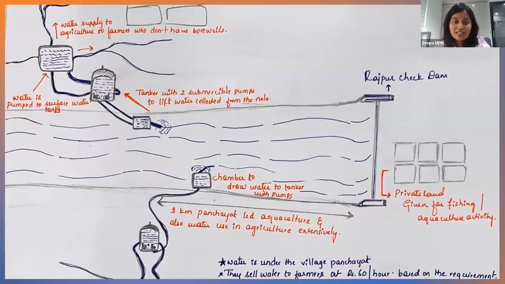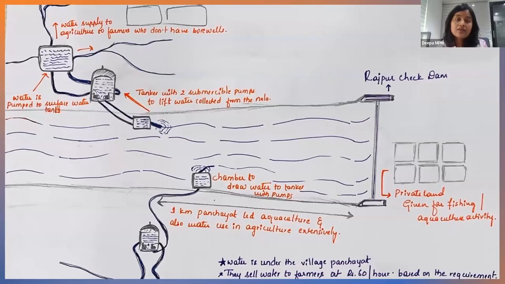I have tried to represent in pictorial form what I have seen at this check dam. You can see there is a village called Bajipur at this end, and a village called Ralas at this end. Either side of these drains, there are villages. And there are two chambers built on either side.